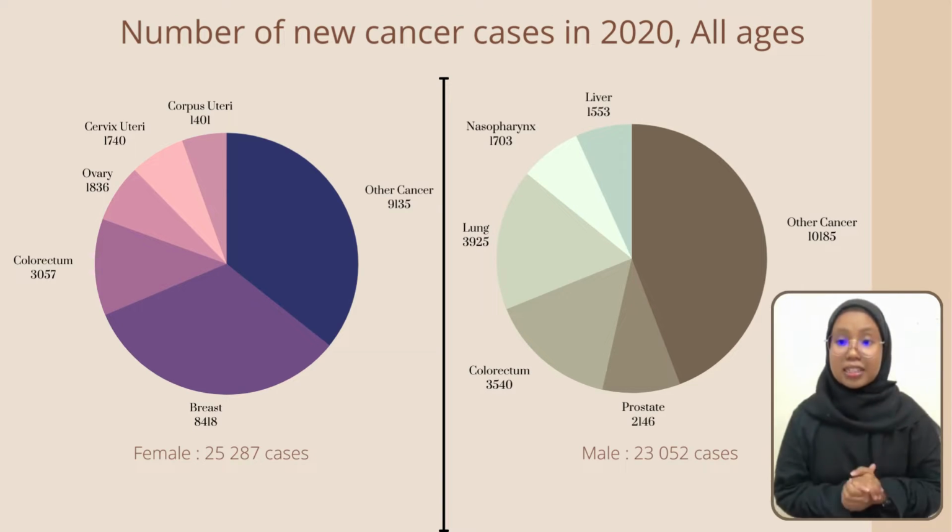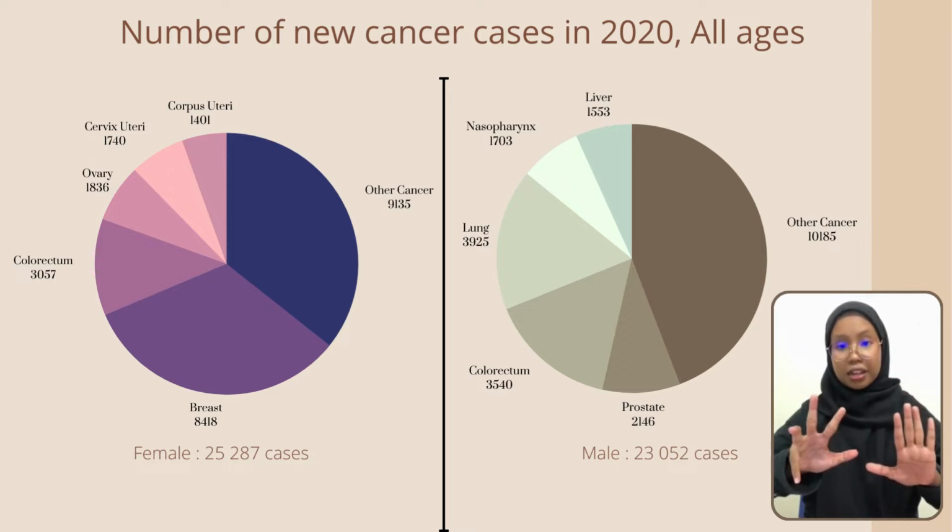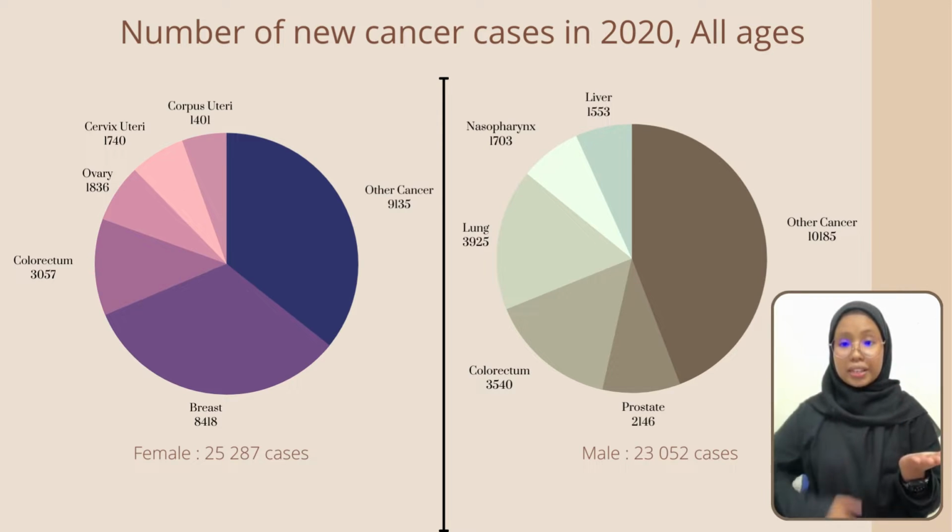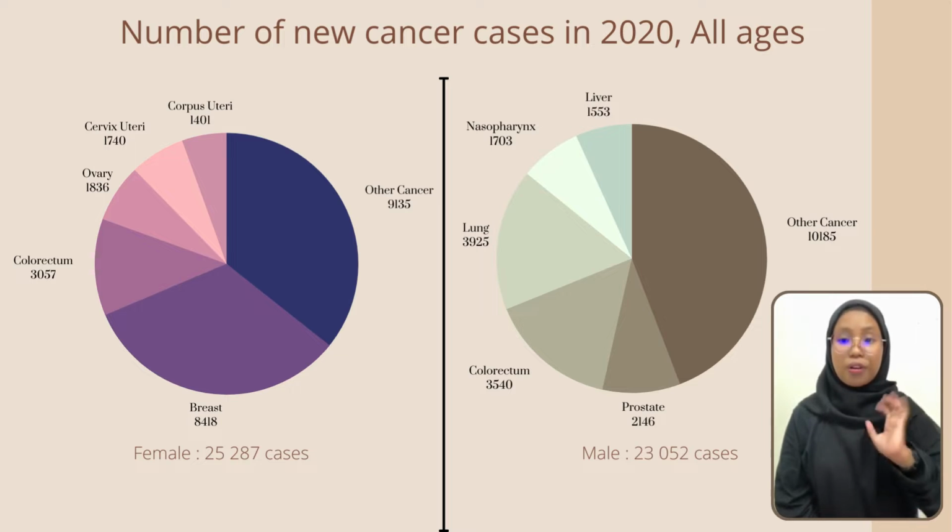The total cases in 2020 are 48,639 cases for both genders, male and female. That means 50.42% suffer the top 5 most frequent cancers in Malaysia for both genders from all ages.